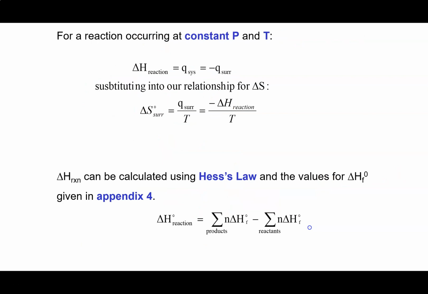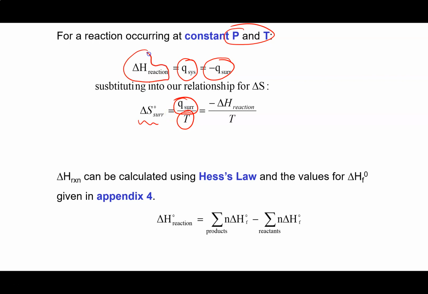Well, we learned earlier that for a reaction occurring at constant pressure and temperature, the enthalpy of the reaction will be equal to the heat transferred to the system or from the surroundings. So we can put this into our relationship for delta S, and we said earlier that the delta S of the surroundings was equal to the heat transferred to or from the surroundings divided by the temperature of the surroundings.